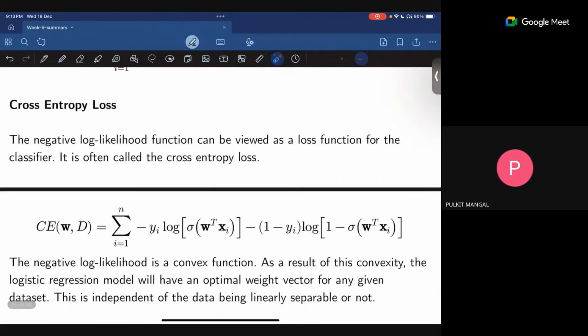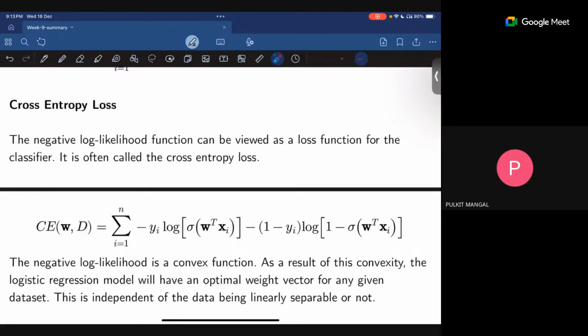Next comes the cross entropy loss, which we will derive from here. You might have heard this term in week 12, in the neural network. It actually comes from here.